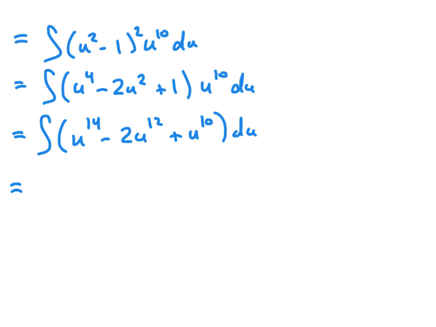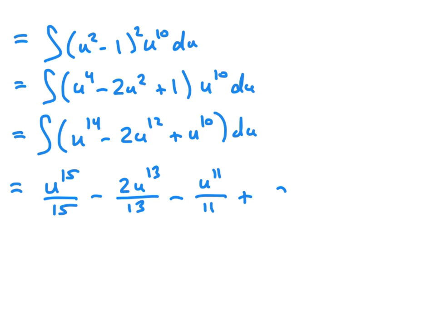And now we're ready to antidifferentiate this function using the power rule. So we get u to the 15 over 15 minus 2 u to the 13 over 13 plus u to the 11th over 11, all plus c. And the last step, as always, is to go back to the original variable.